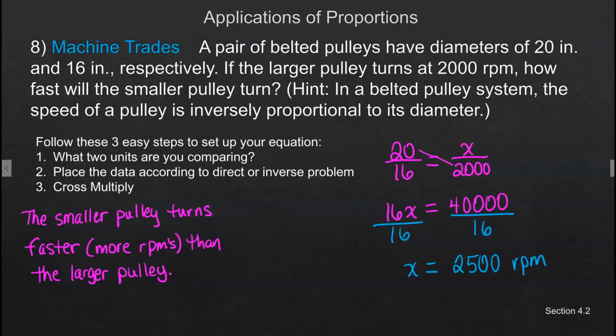And remember, that was the speed of the smaller pulley, right? How fast will the smaller pulley turn? Well, 2,500 revolutions per minute. All right, that's the smaller pulley. And it turns faster than the larger, which was 2,000 RPMs.